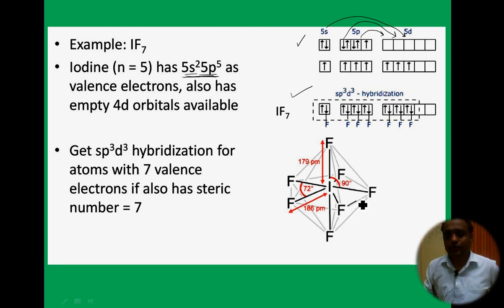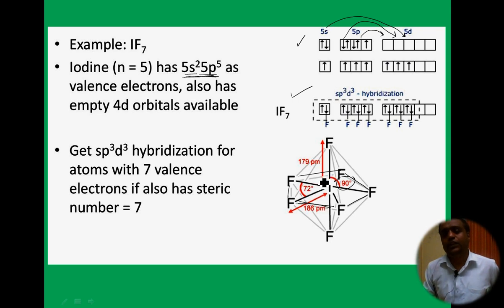So this is a pentagon, and these are the axial positions of the pyramid. Now these angles are 90, which is a very normal angle, and the angle between two fluorines in the pentagon is 72, which is also very normal.